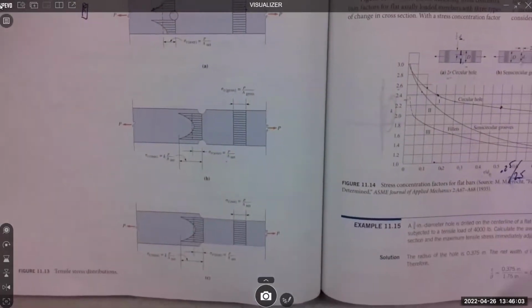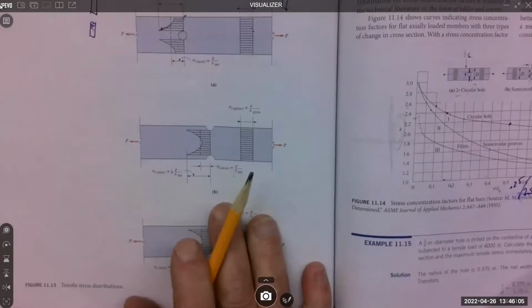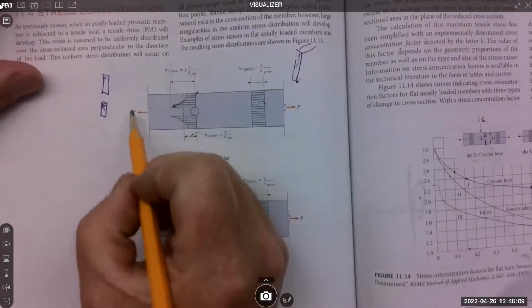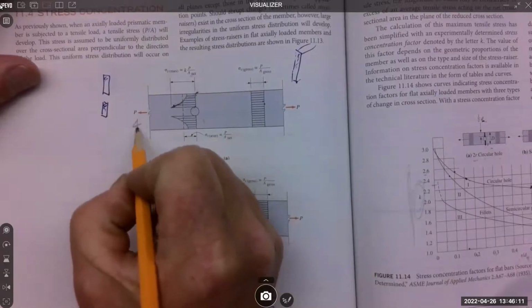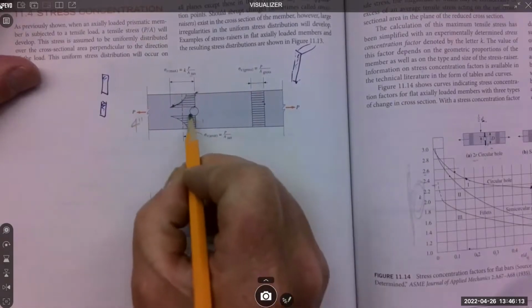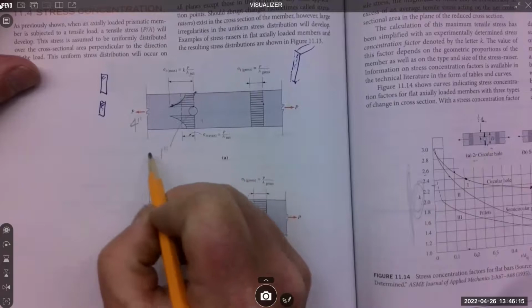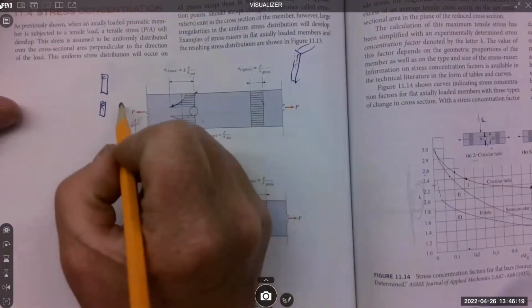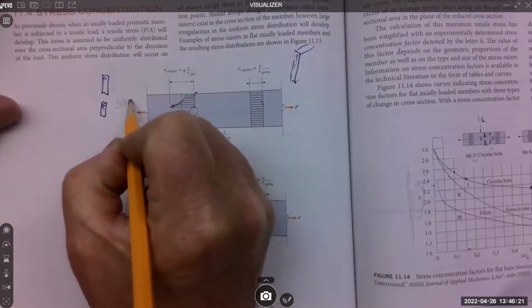I'm just going to make a problem up. On this critter, I'm going to say this is 4 inches. This hole is 1 inch in diameter. And we're going to put 50K on it.